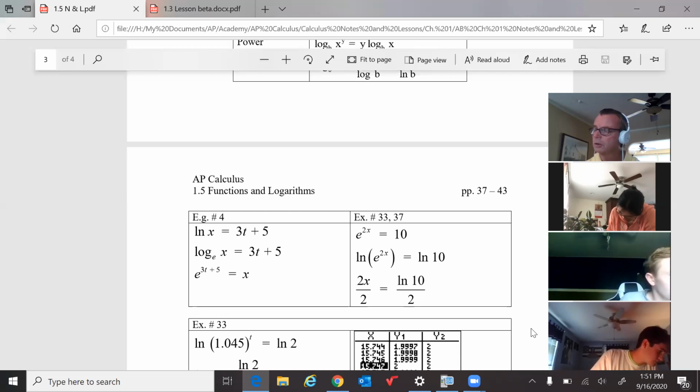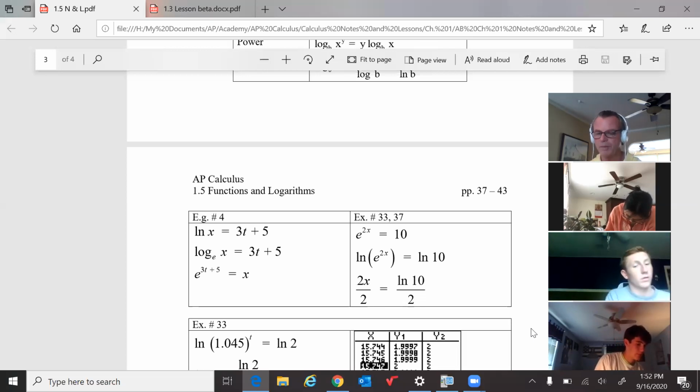Now, the other thing is this document, this PDF, is in Canvas. So I'm sharing the screen, but you can open the document in another window. And then if you get stuck, it's perfectly fine for you to peek at the answer to get a prompt, not just copy it down. Peek at the answer. Okay, I see where he went from there. Let me move the page back up, and I'll pick up from there.